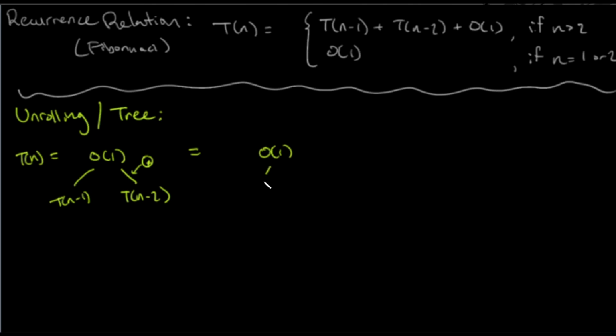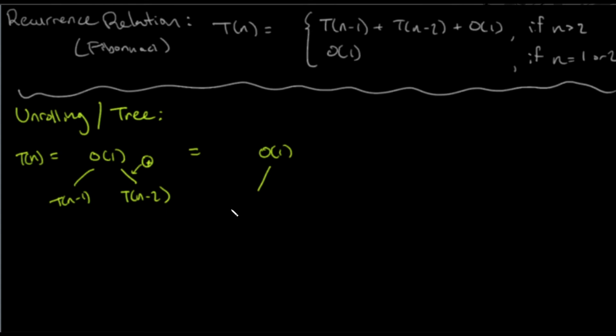And so let's look at this T of n minus 1 first. Let's plug in n minus 1 for n here and see what we get. If we plug in n minus 1 for n here, we're going to get n minus 2 and n minus 3 here. And also this O of 1.